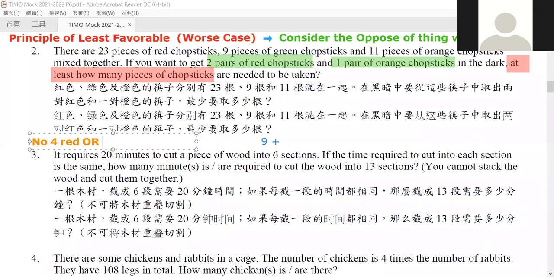Now it doesn't need both of them to be true, only one of them is okay. Or you do not have 2 orange. This statement is the direct opposite of the statement in green. The whole thing.